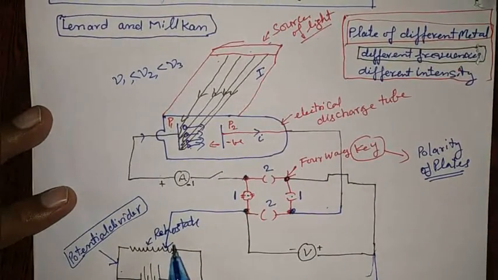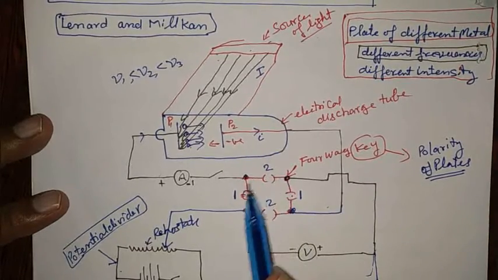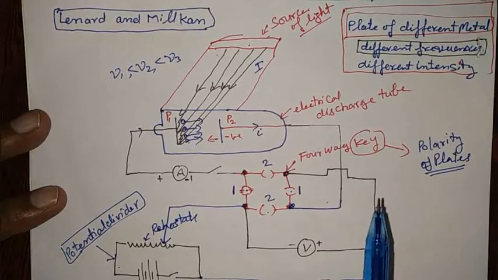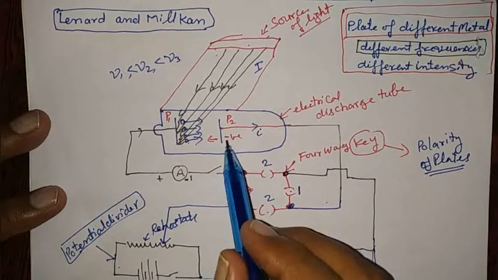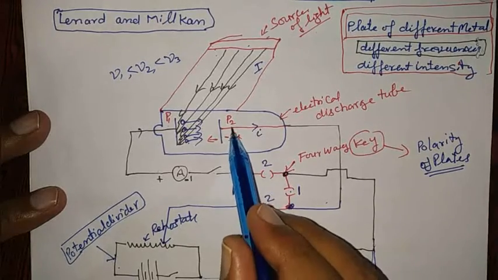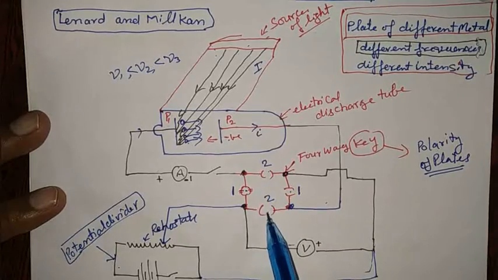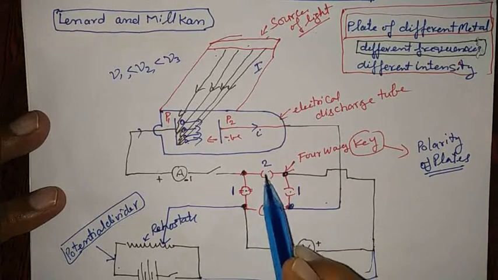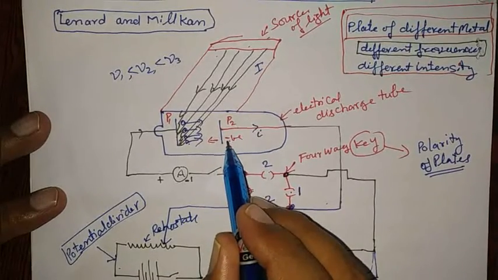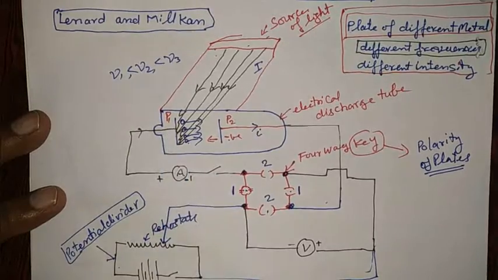This is the circuit in which the 4-way key 2 is on and 1 is open in this case. Now the negative potential at P2 is increased. When key 2 is on and 1 is open, the P2 plate becomes negative relative to P1.